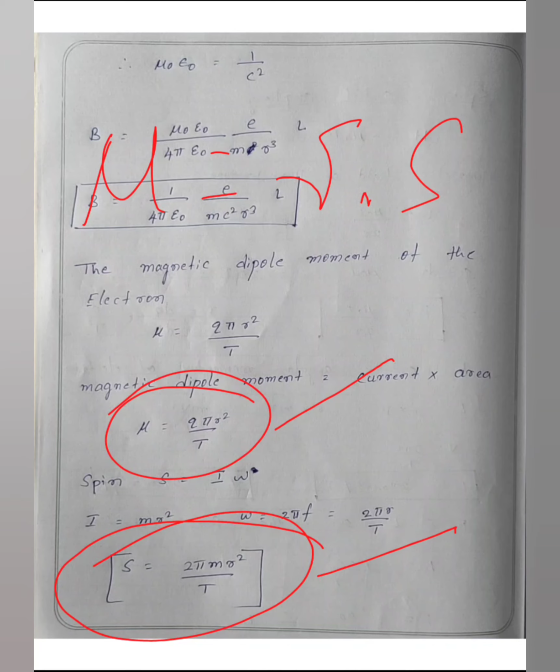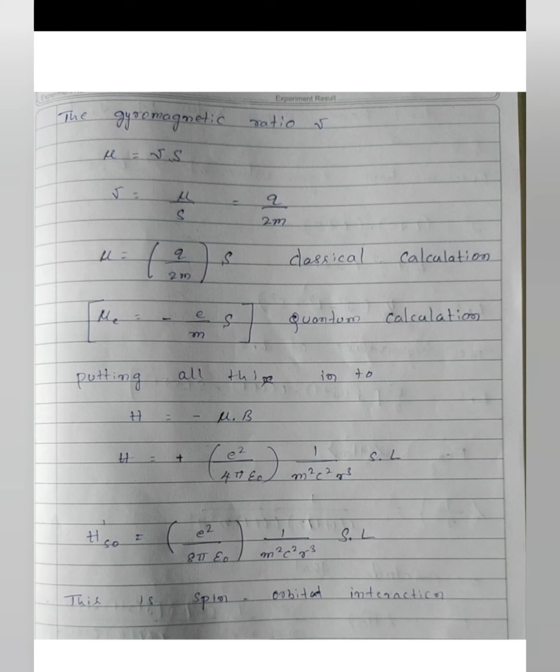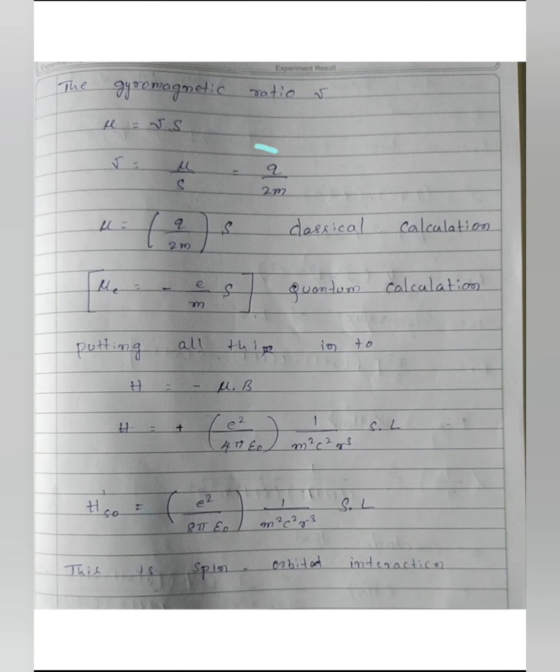So we know the values of mu and S. Take the ratio mu divided by S, and we get gamma, the gyromagnetic ratio, the ratio between the magnetic moment and spin. Gamma is equal to mu by S, which is equal to q divided by 2m.